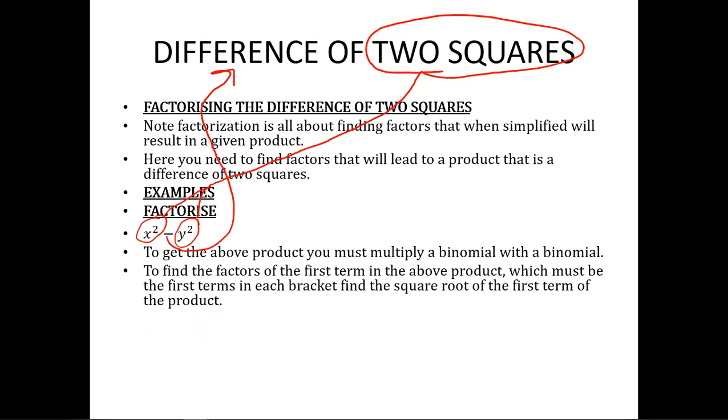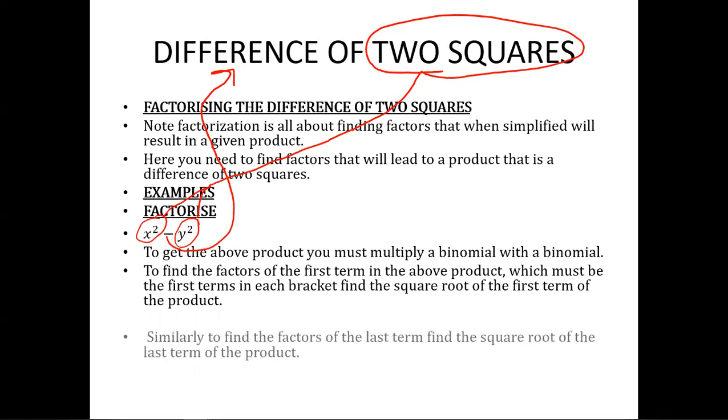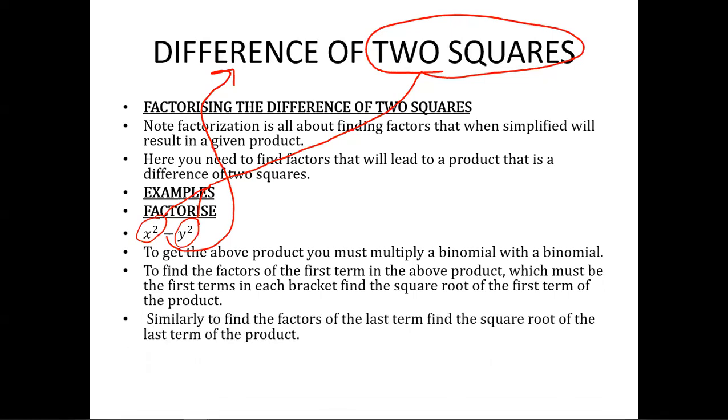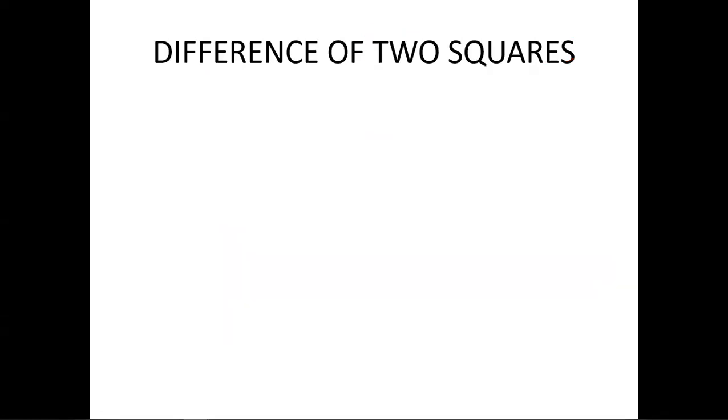So you will need to find the square root of x squared, and then find the square root of y squared. And those will be the first and the last terms in each bracket. The square root of x squared, you have done this earlier on. Under exponents, the square root of x squared will be x, and the square root of y squared will be y. These will be the factors that we have in each bracket.